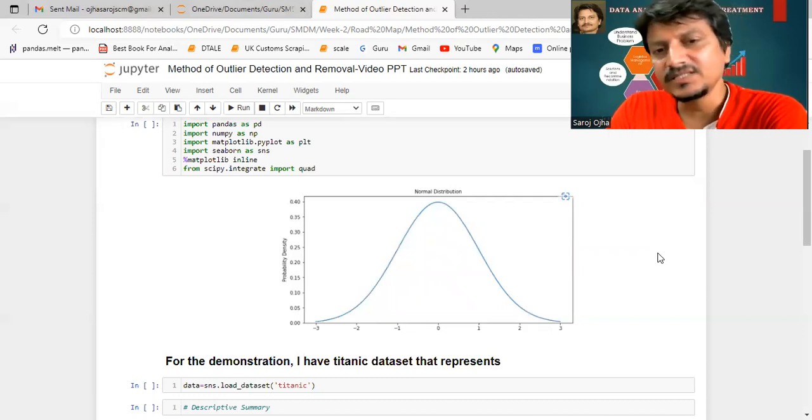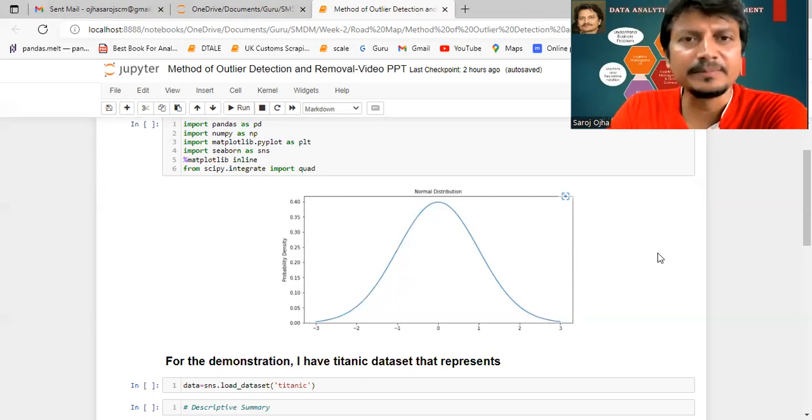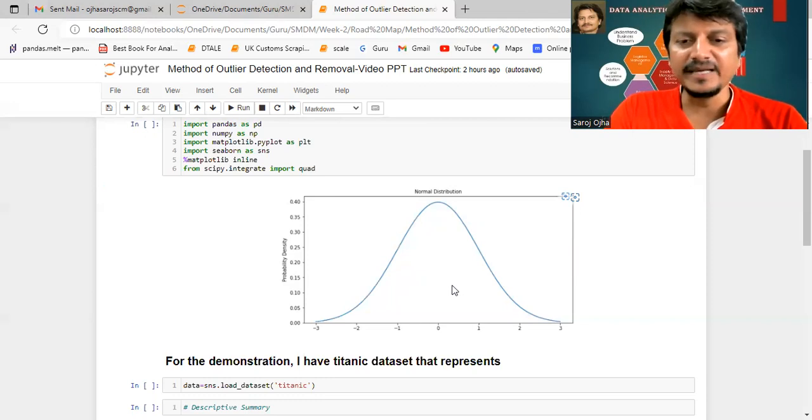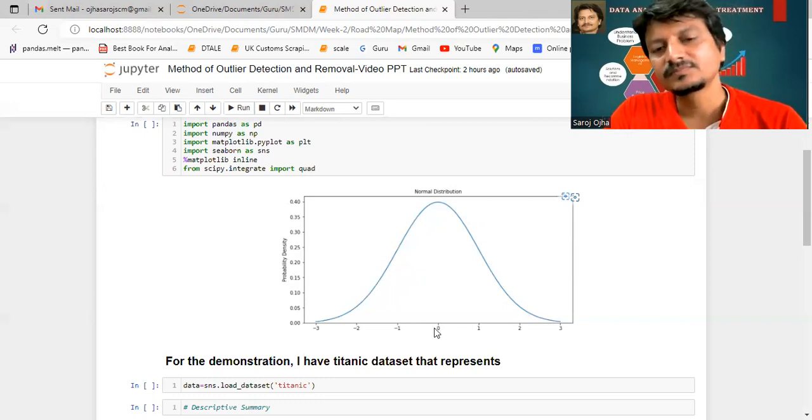So what is the normal distribution? In that case, your data has the mean, median and mode values all equal. In this picture you can see my mean is 0, then standard deviation 1, 2, 3, similarly minus 1, minus 2, minus 3.